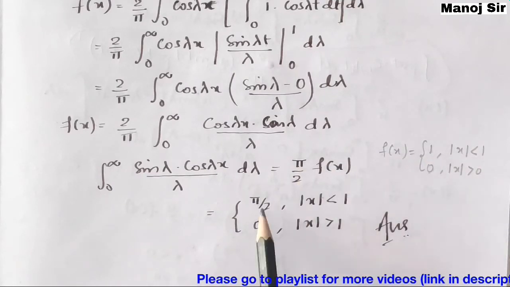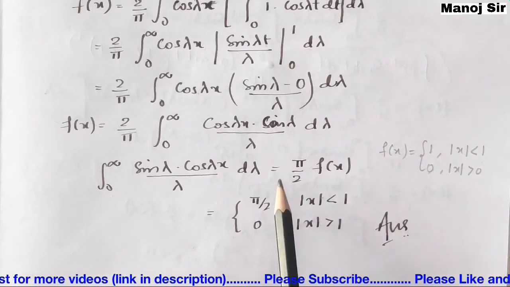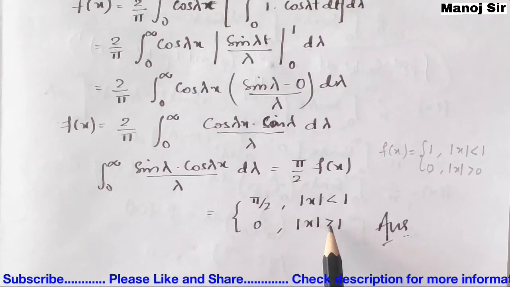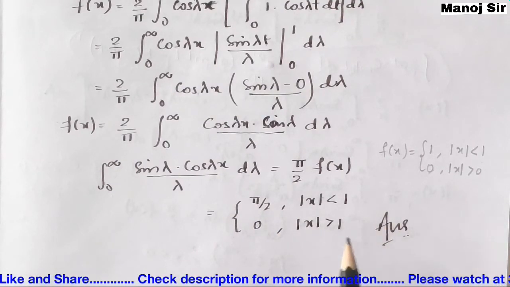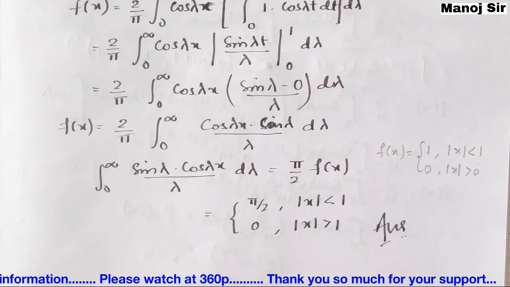If you multiply with 1, this will become pi by 2 when mod of x is less than 1, and when you multiply pi by 2 with 0, this will become 0 when mod of x is greater than 1. And this is my final answer. Yes, thank you so much.